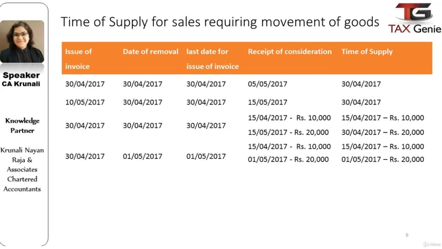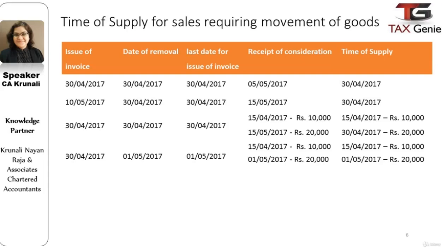date of issue of invoice is 30th of April, date of removal and last date of invoice is 1st of May 2017. Again, partial payment was received on 15th of April 2017 and partial was received on 1st of May 2017. In this case, the time of supply for the payment received on 15th of April 2017 would be the date of receipt of payment, that is 15th of April 2017.